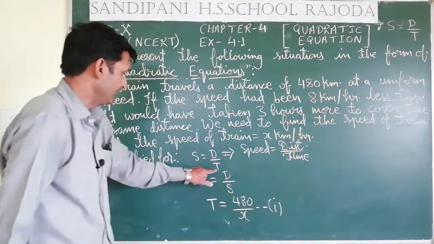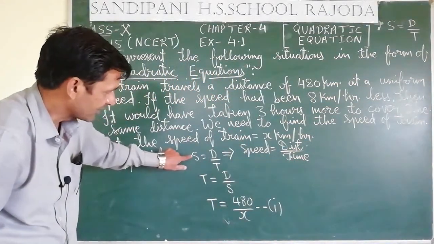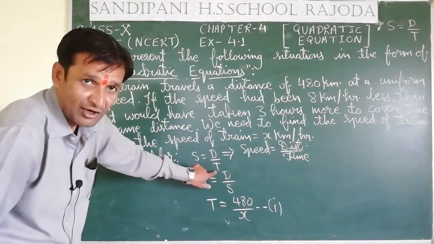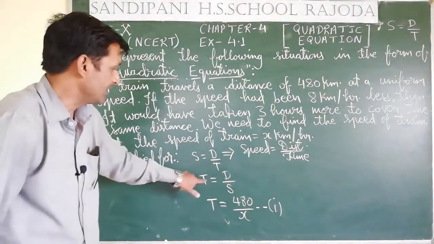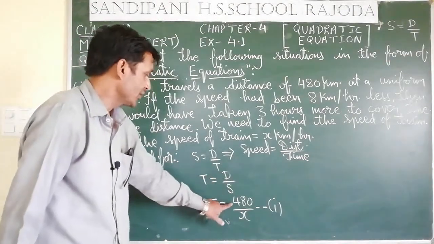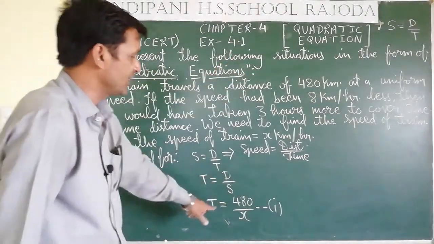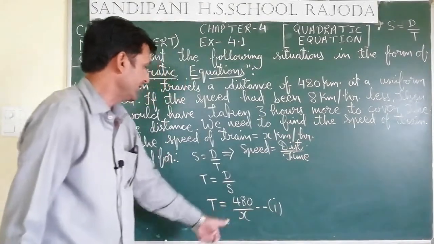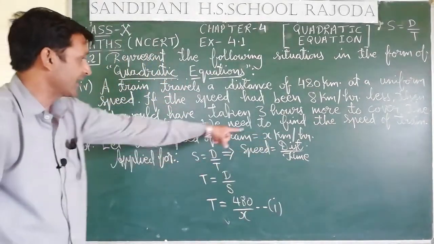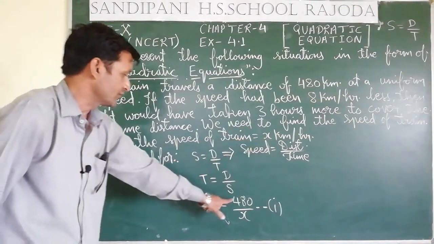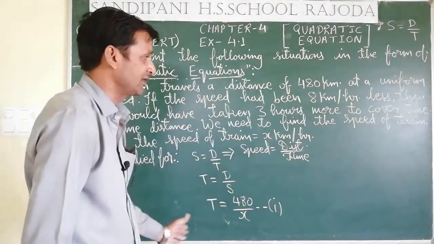So time, when we transpose time here, then speed will become denominator of RHS, time will become numerator of LHS. So time is equal to distance upon speed. So distance is clearly mentioned, it is 480 kilometer, and speed which we have already written x kilometer per hour. So 480 upon x is the primary condition.